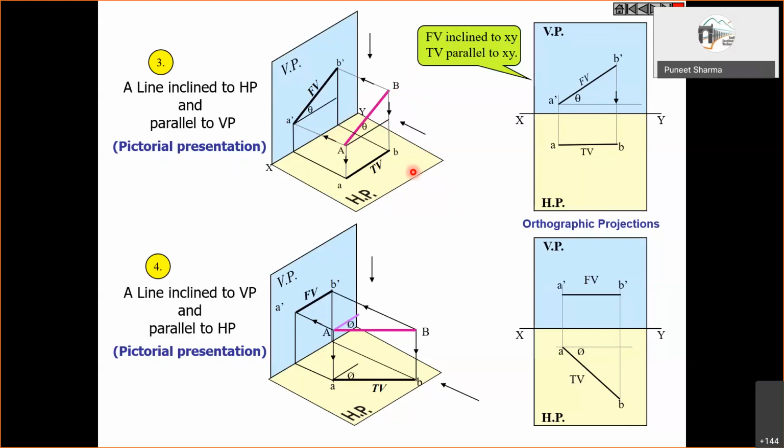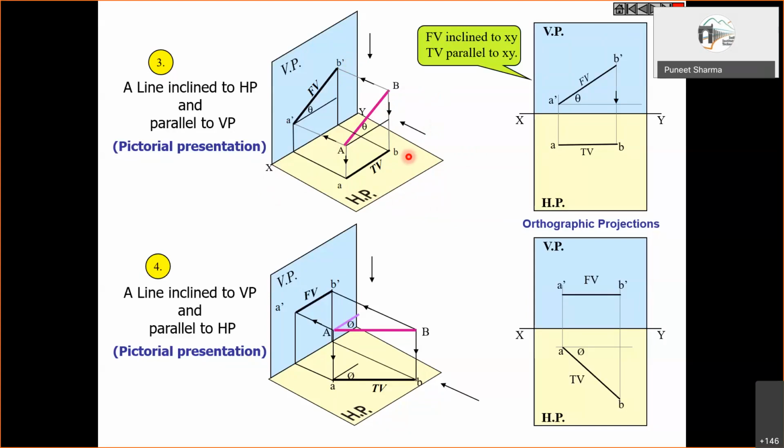Then the top view will have a tendency that A will remain fixed, small a will remain fixed, small b will actually rotate on a circular arc about A, right? Also, then we had considered that this B dash will have a path which will be a straight line parallel to xy. Okay, this is when A is kept fixed and theta kept constant, and then B we try to move.